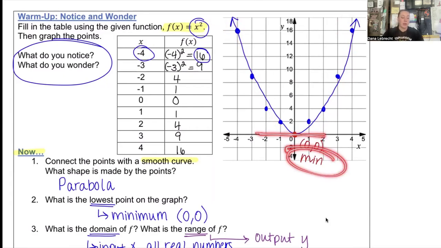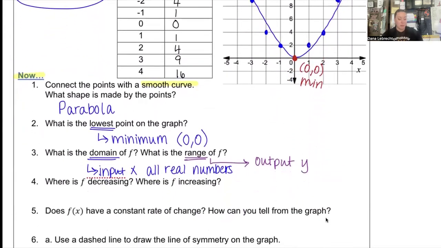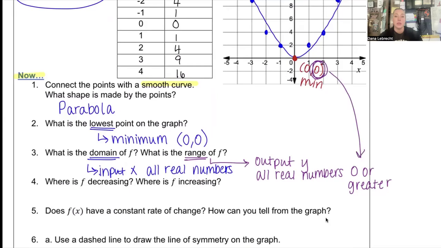That means for our output, we can have decimals, so we can have all real numbers, but they need to be 0 or greater, because 0 is the smallest output value that we can have here.